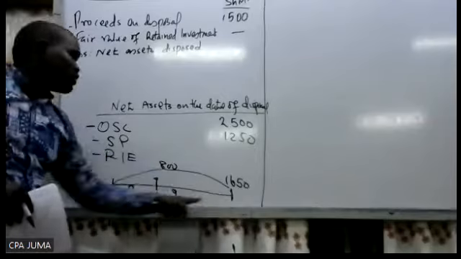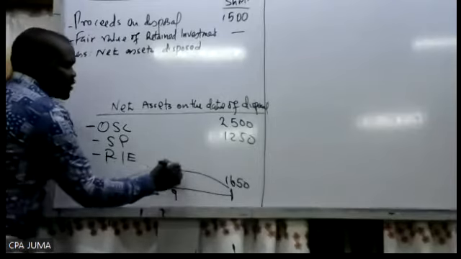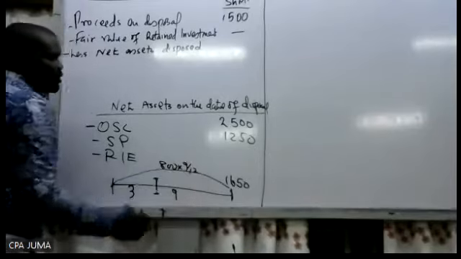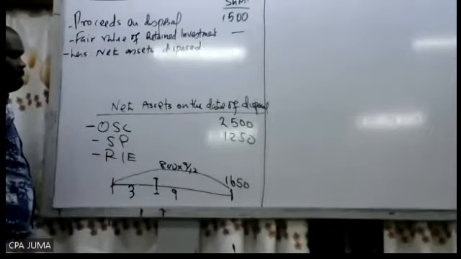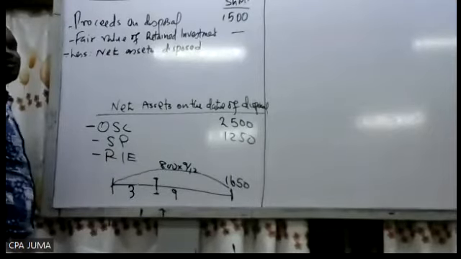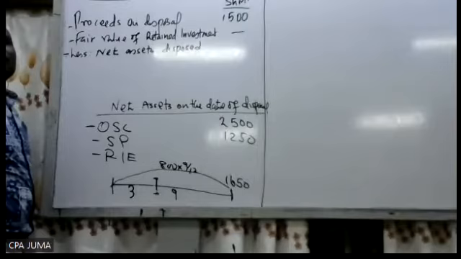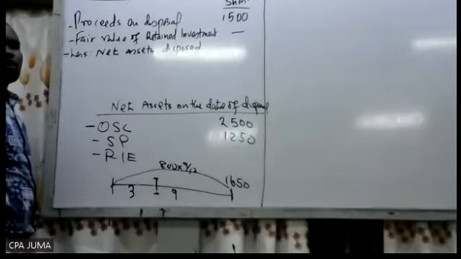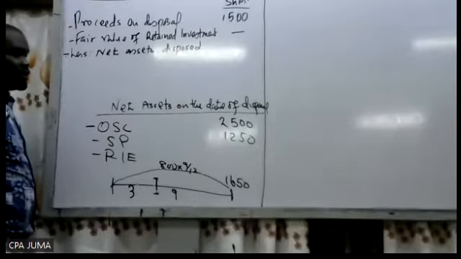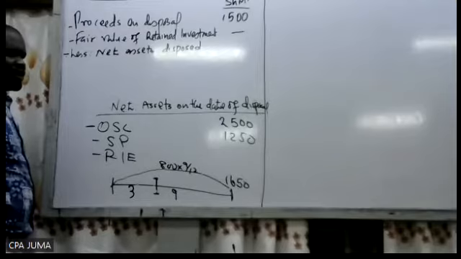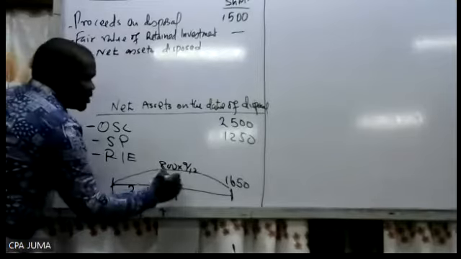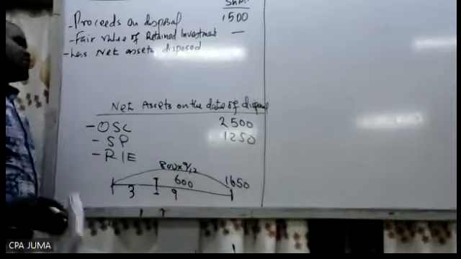Then 800 times 9 over 12 will be 9 over 12 times 8. We get how much? 600. 75%. When I quarter 800, 200. Yes. So this is 600.